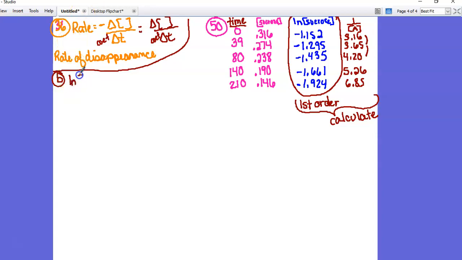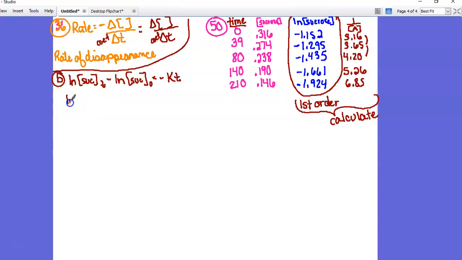So the natural log of sucrose, and I'm going to abbreviate sucrose, SUC, initially equals negative KT. Okay, so I'm just going to rearrange this equation to get K by itself. And this is first order, so that's why I used this equation right here.